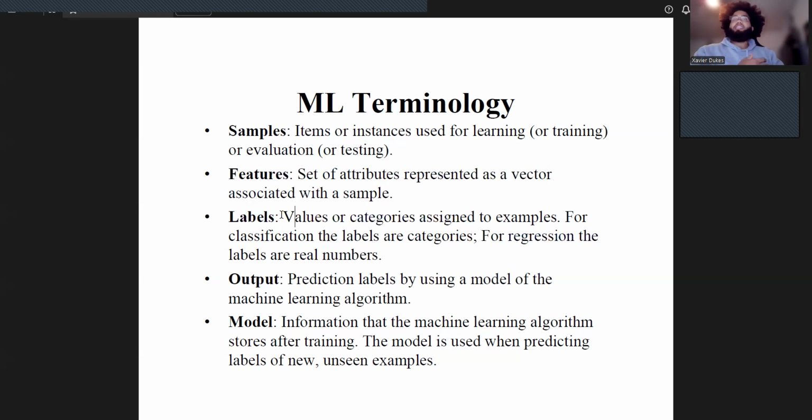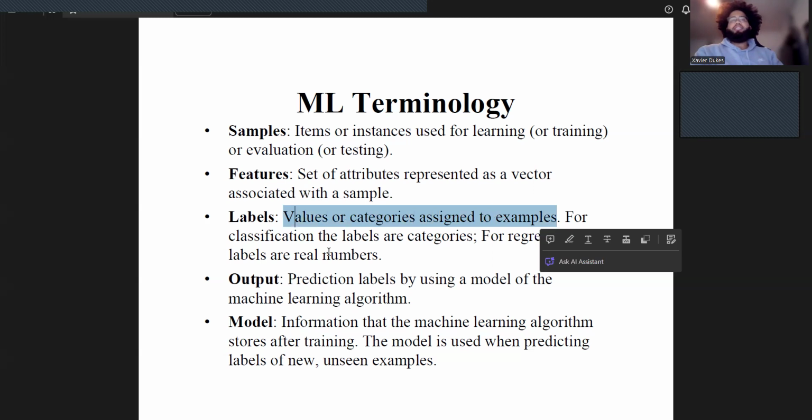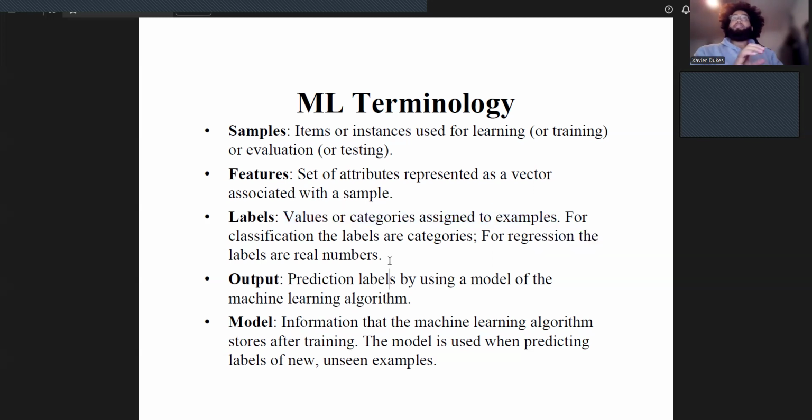Labels. These are values assigned depending on the type of machine learning you're doing. These can either be categories, specific instance names, things of that nature, and are usually referred to as the ground truth. They're values assigned to examples. And in the case of supervised learning, what is referenced during the calculation of the cost or loss during training of a model.